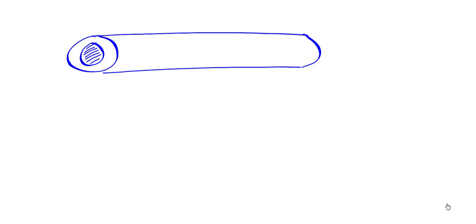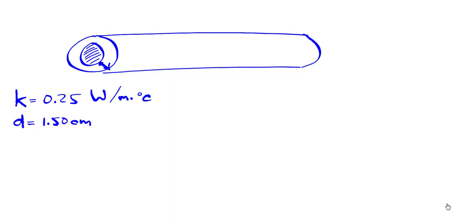This is supposed to represent a steam pipe covered in insulation. The insulation has a thermal conductivity of 0.25 watts per meter degrees Celsius, and the thickness of this material, which I'm actually going to use a little d for because all our t's are taken up, is 1.50 centimeters.